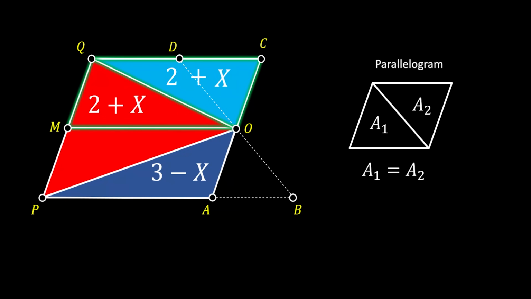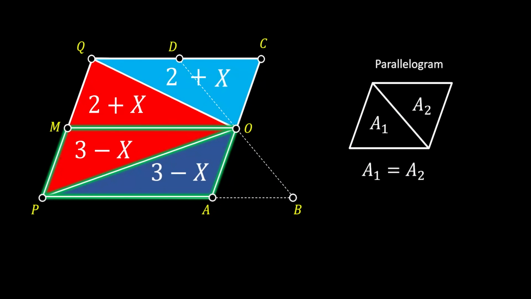Now we can repeat the same logic for the bottom parallelogram PAOM. We can see that the line PO represents the diagonal of this parallelogram, which means that the triangle PMO has the same area of 3 minus x as the triangle PAO.